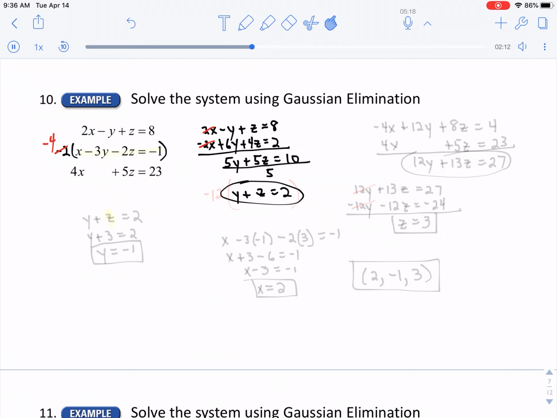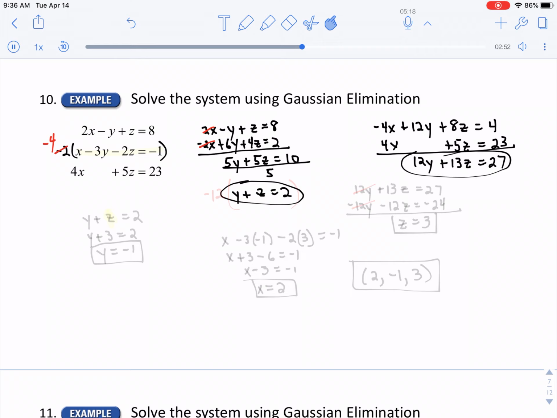When I distribute that, I get a negative 4x plus 12y plus 8z equals 4. The third equation is 4x plus 5z equals 23. I add those together and get 12y plus 13z equals 27, and there's my second equation.